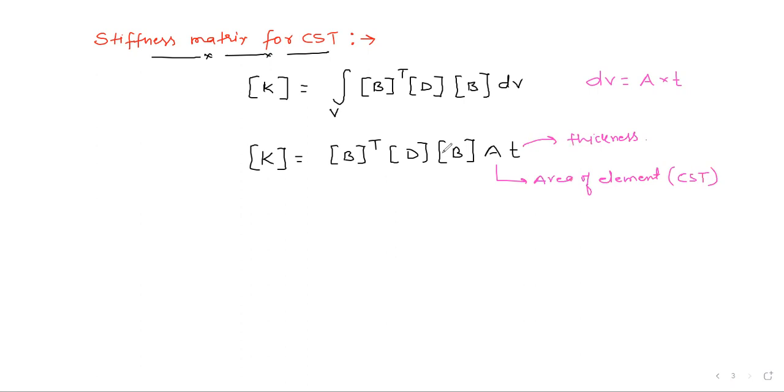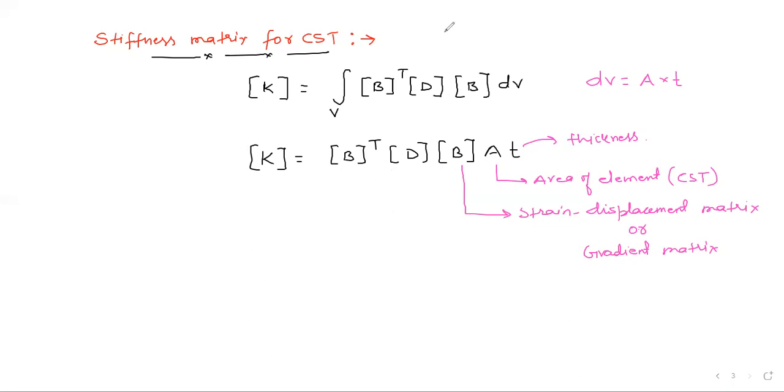B is called the strain displacement matrix. This B matrix is the strain displacement matrix, or the other name is the gradient matrix.